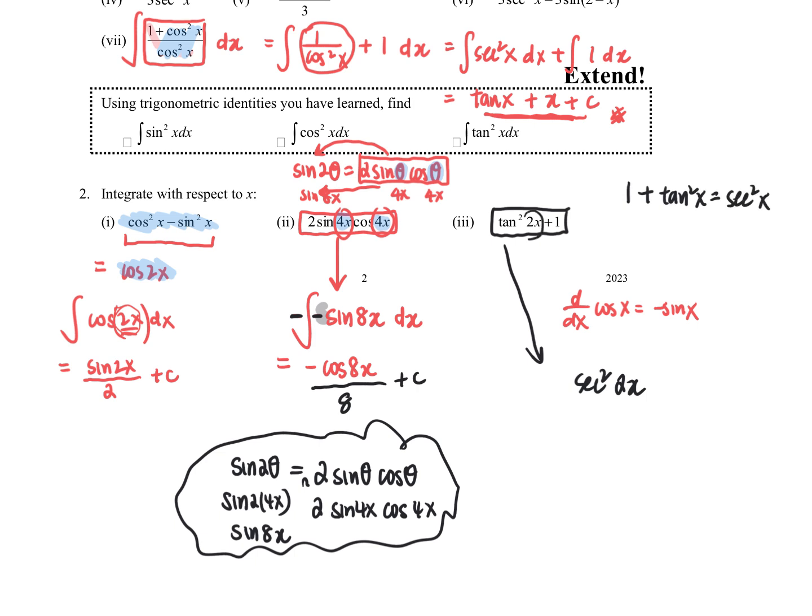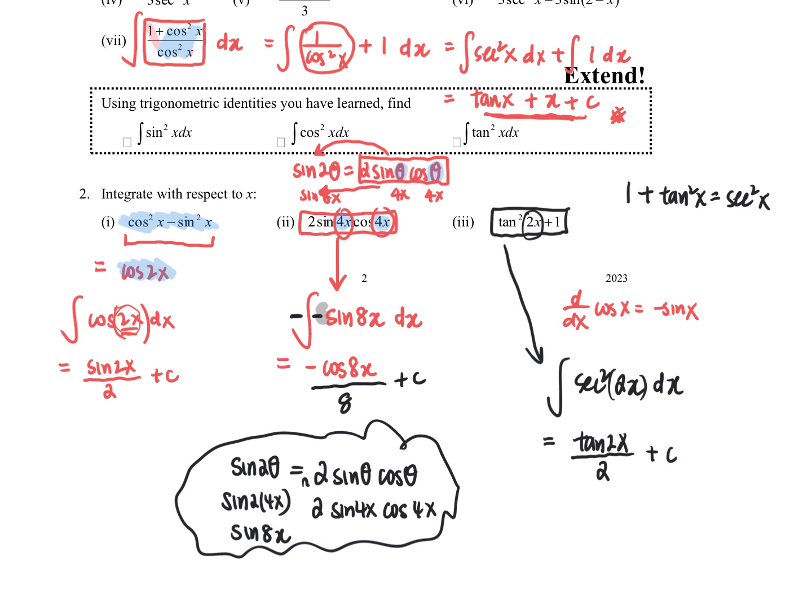So now the only difference is this is 2x. So if I integrate this, what do I get? Tangent square 2x. Okay, so what do I get? Tangent 2x divided by the differentiation of 2x plus c.